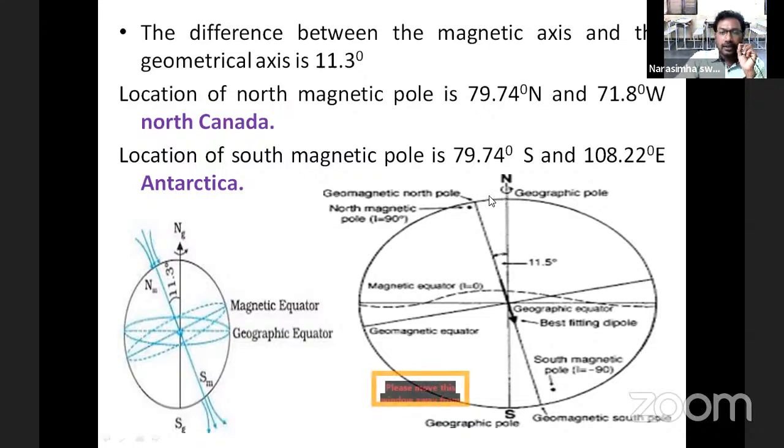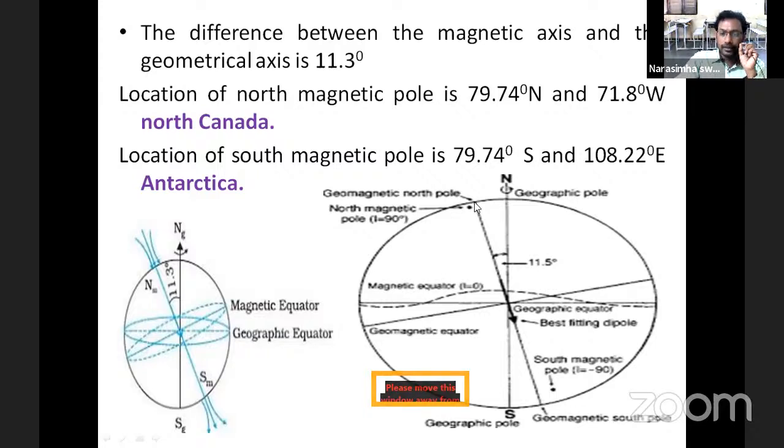And at some other distance, one more point is identified as the magnetic north pole. Have you observed? Exactly opposite to this is the magnetic south pole.